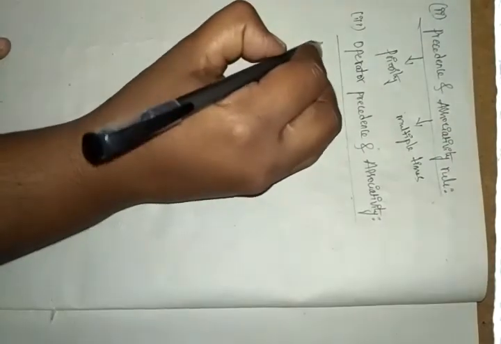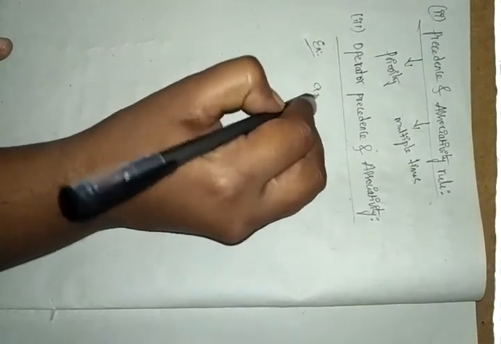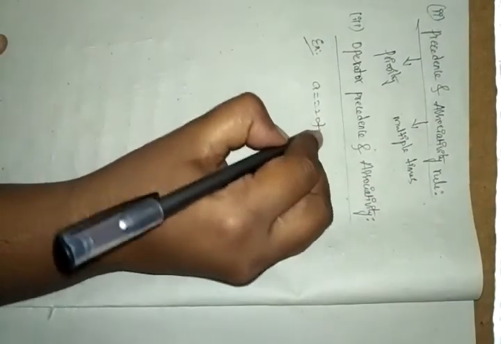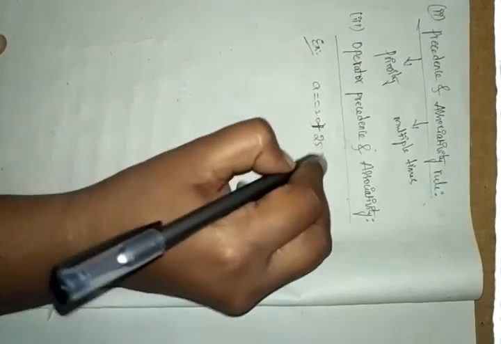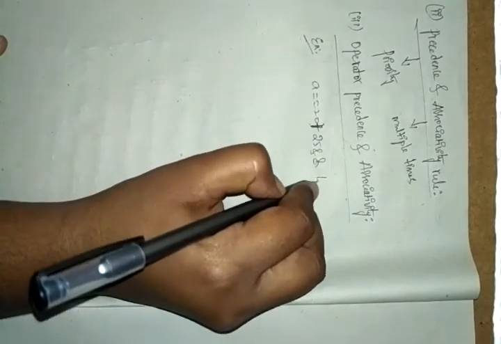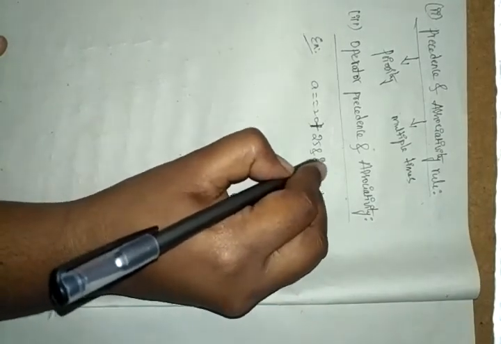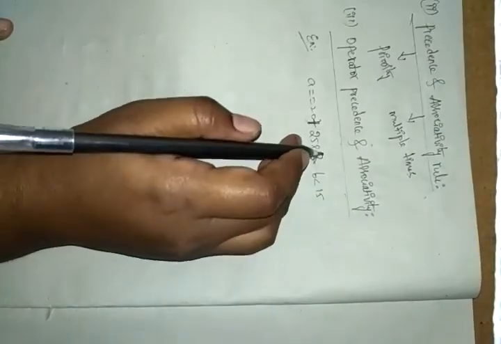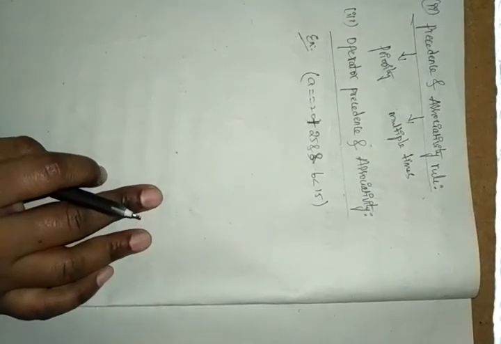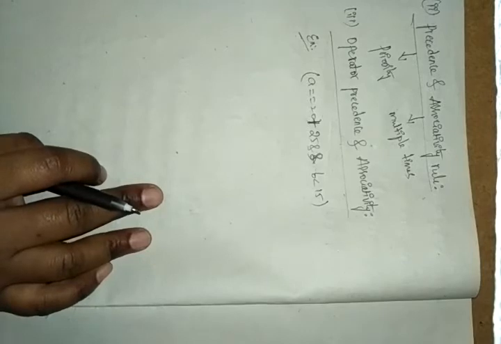Okay, suppose you take one example: a equal to 20 plus 25, and the operator b less than 15. Whatever it may be, any expression you can take, not only plus and minus, you can take logical, relational, every operator can be included into this.